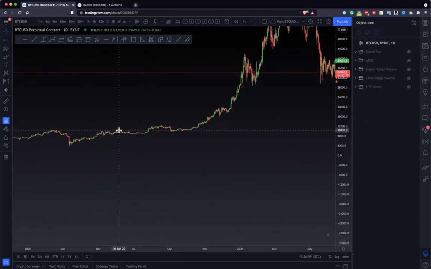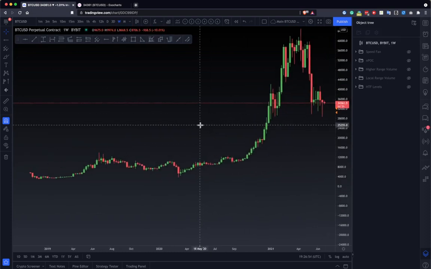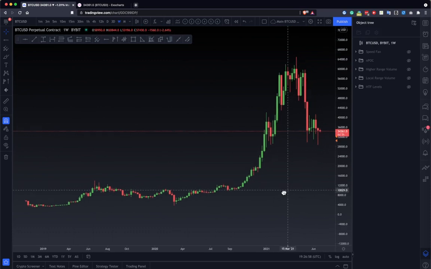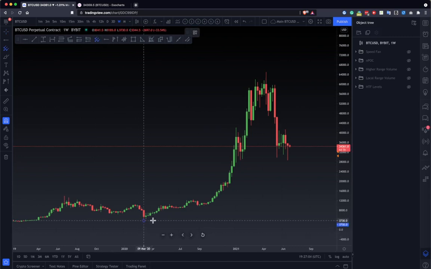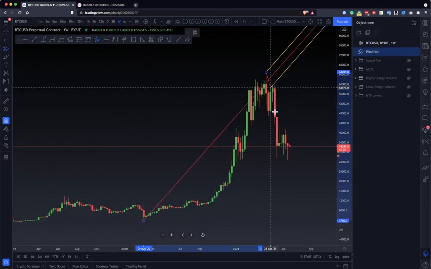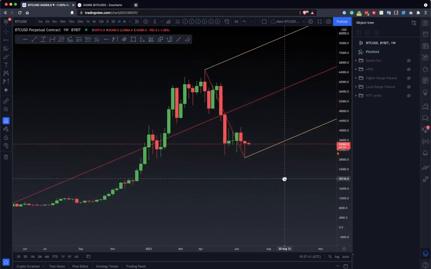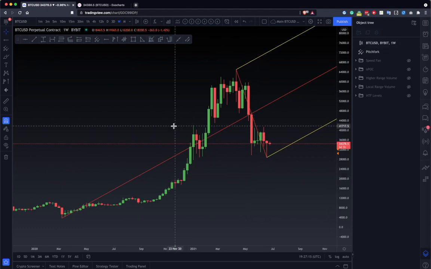Let's take the pitchfork on a... Might be a bit soon to do that, but let's try that. It's very soon to do this.